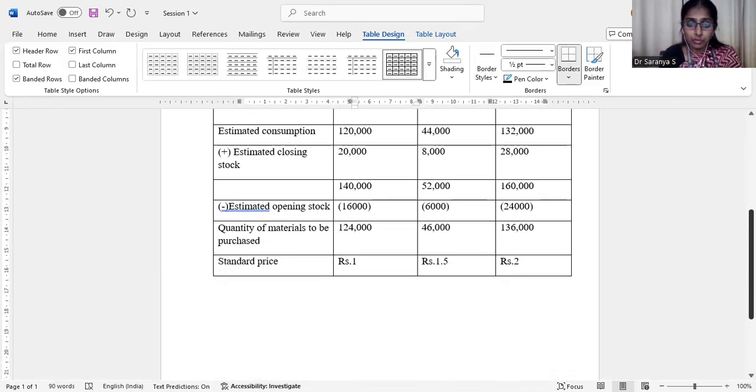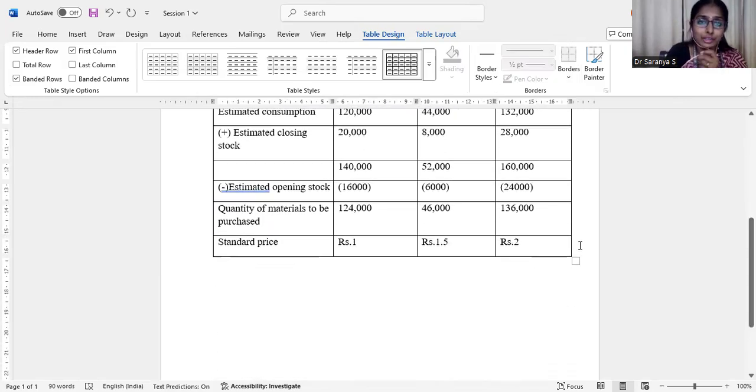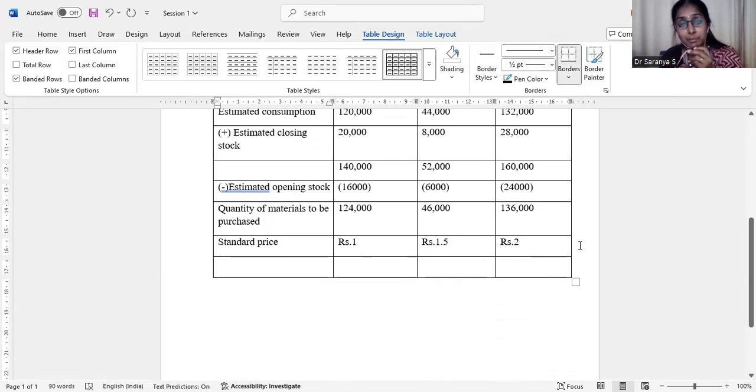Now what we have to do is find out the purchase budget. We are preparing the purchase budget, so what will be the cost of purchase? That is what our answer should be, correct? So what is the budget for purchase?